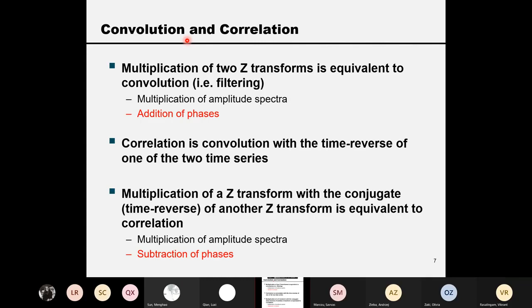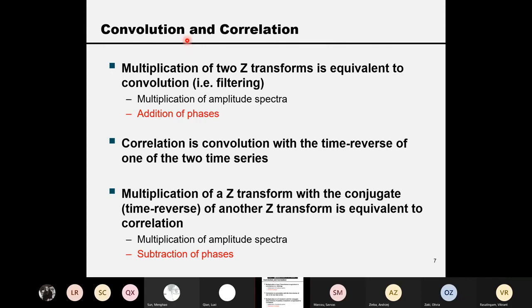So this is the difference between the correlation and the convolution in the time domain. Basically, for the convolution, you need to time-reverse the other time series. That's the difference.